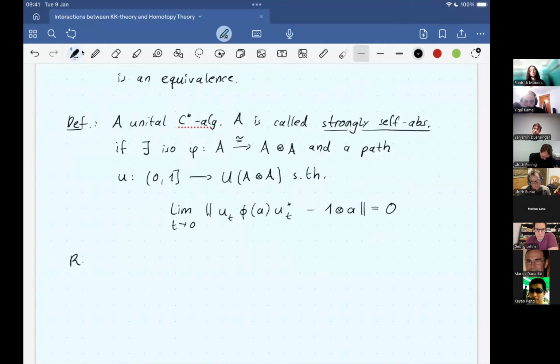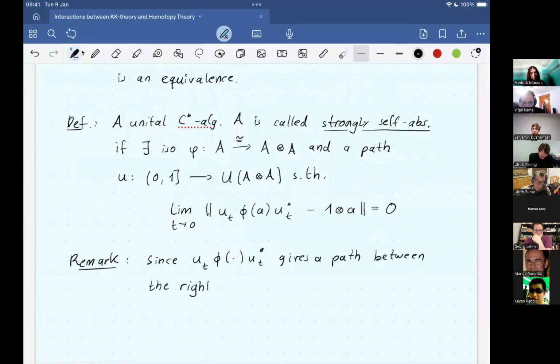Well, the remark is that this thing here, star, gives a path between the right tensor embedding and an isomorphism.